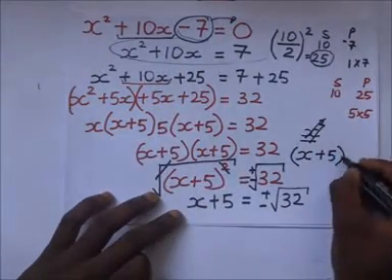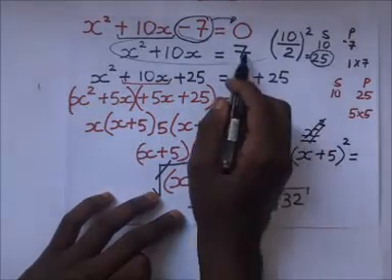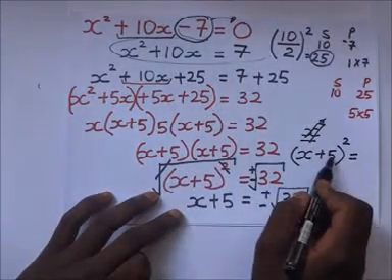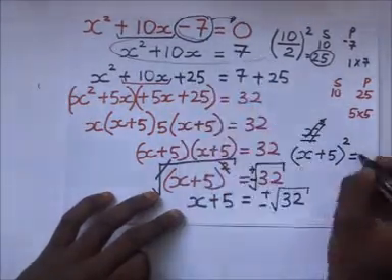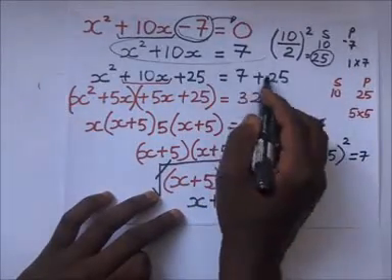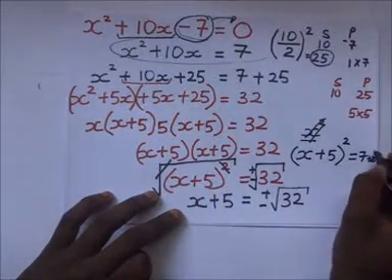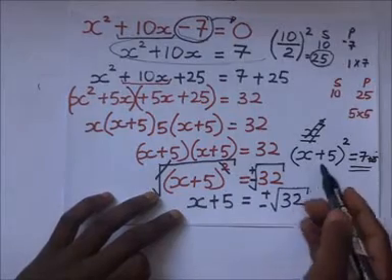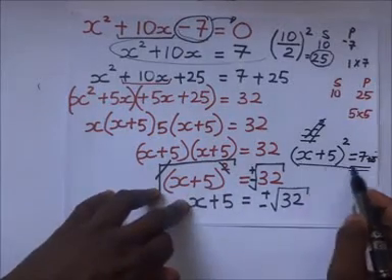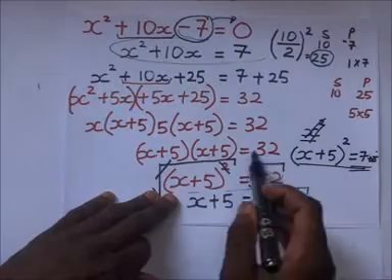Then we simply say this squared is going to be equal to 7 plus this 5 squared, 7 plus 5 squared, which is 25. Like that.